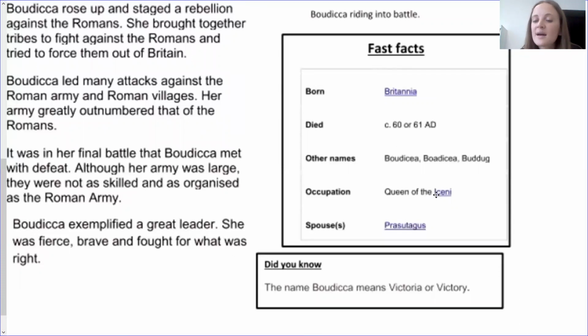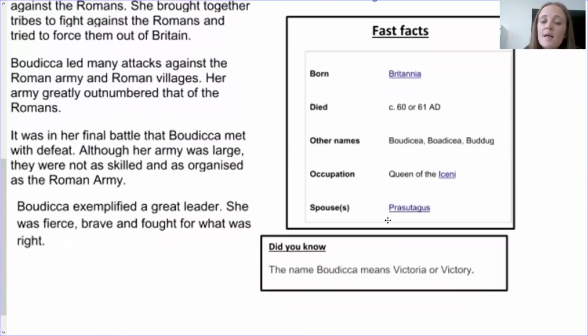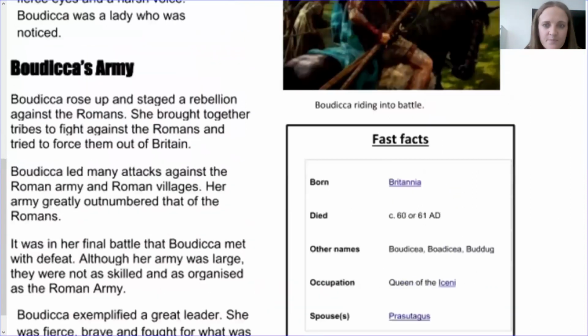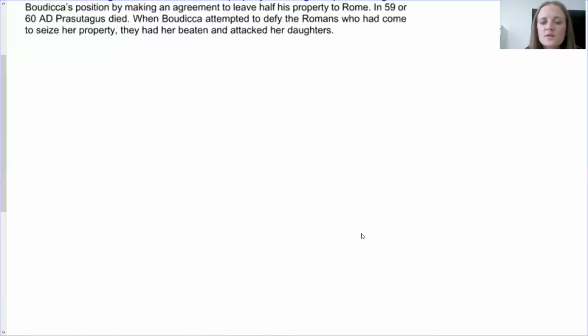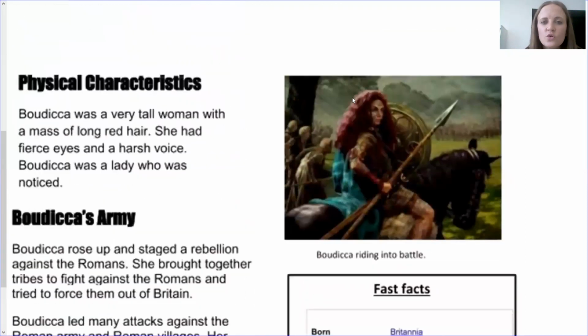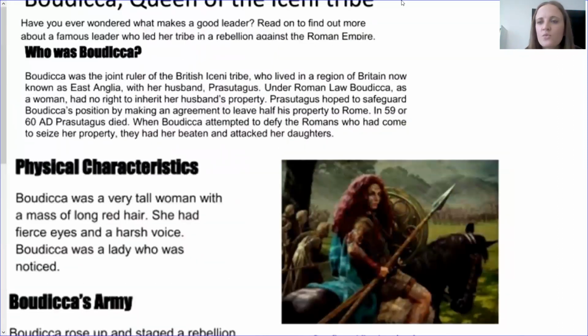She was queen of the Iceni tribe. Her spouse, another word for the person they were married to, was Prasutagus. And then a did you know box says, did you know the name Boudica means Victoria or victory? Okay, so this is our new text map for our writing.